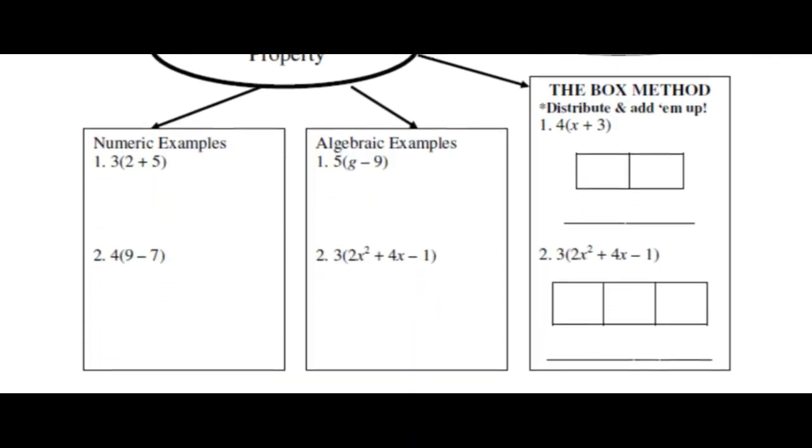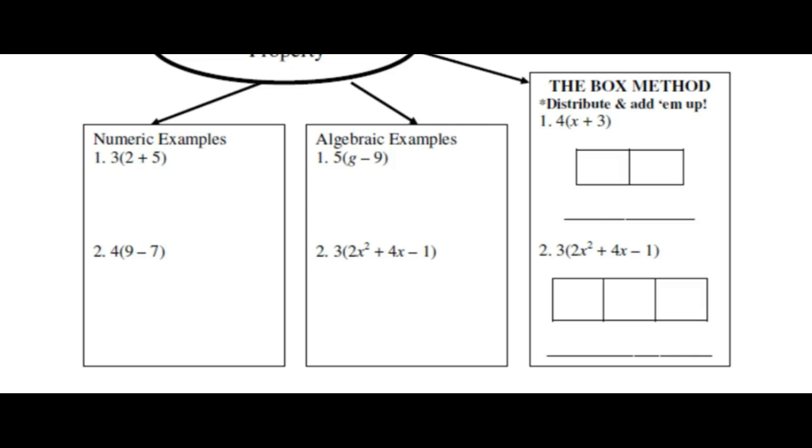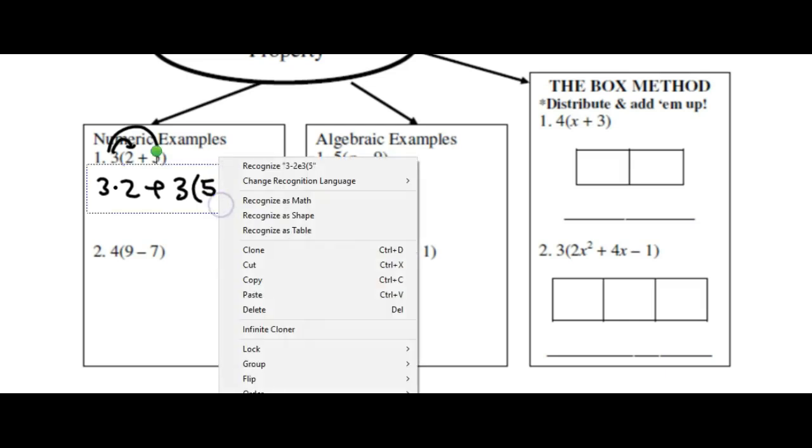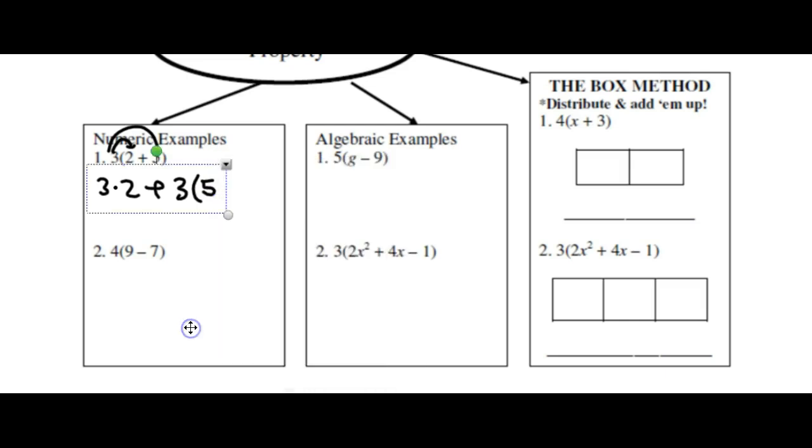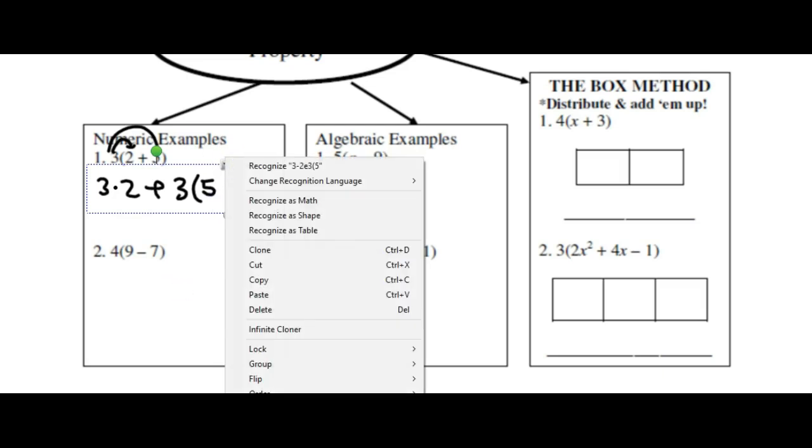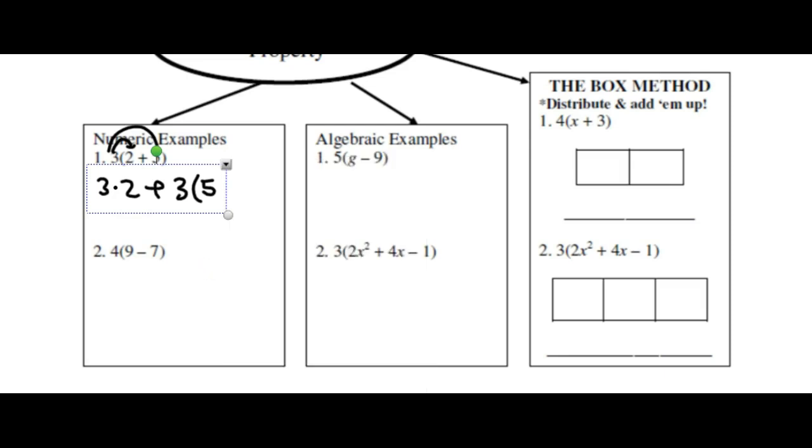Some numeric examples here. Distributing the number 3, and I'm going to actually show every step here. So it would be 3 times 2 plus 3 times 5. And notice I wrote the multiplication different.